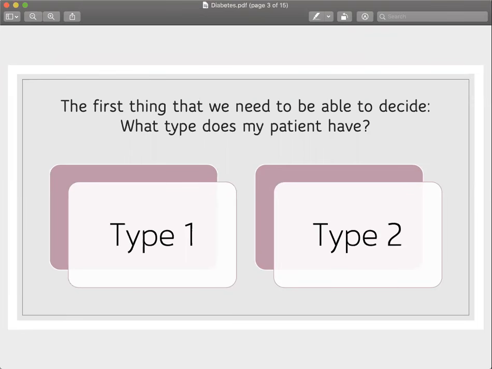So let's dig a little further and talk about the patho behind each type. Type 1 diabetes is where there's an autoimmune destruction of what? Those pancreatic beta cells. And so what does that autoimmune destruction mean for your patient? Well, eventually insulin production is going to cease altogether, right?